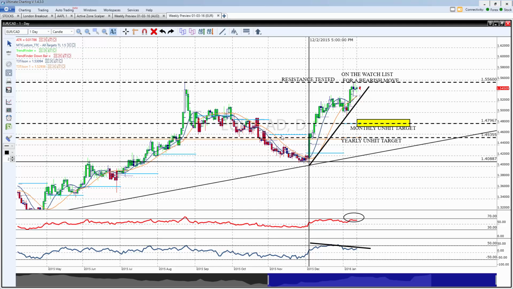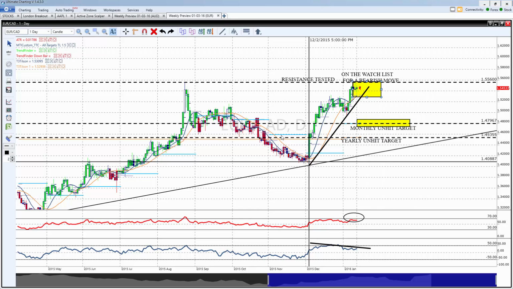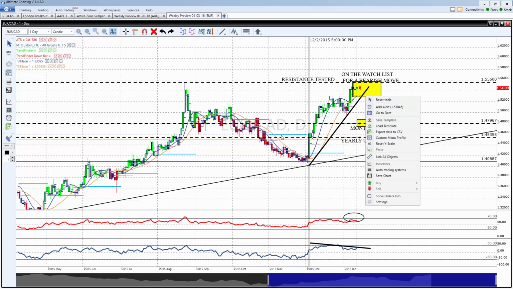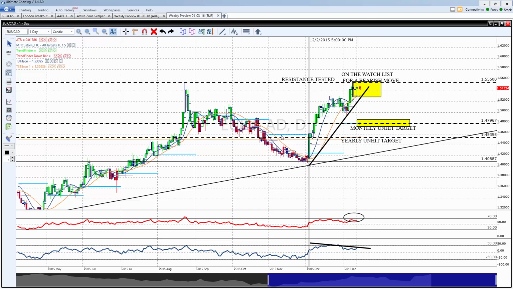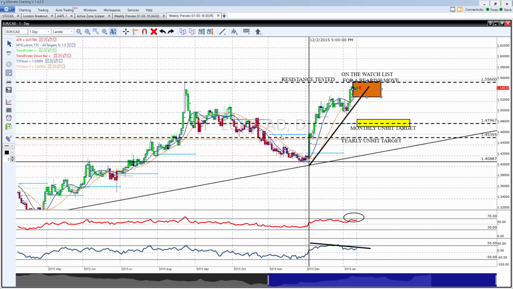So I'm thinking maybe, yeah, still gotta show a little bit of candlestick pattern to short, but this is the one. Okay, so this is the risk.